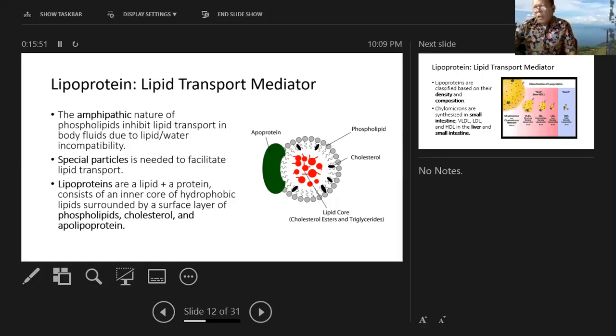For lipid transport, a special particle is needed to facilitate it. Lipoproteins are lipid plus protein, consisting of an inner core of hydrophobic lipid surrounded by a surface layer of phospholipid, cholesterol, and apolipoprotein.